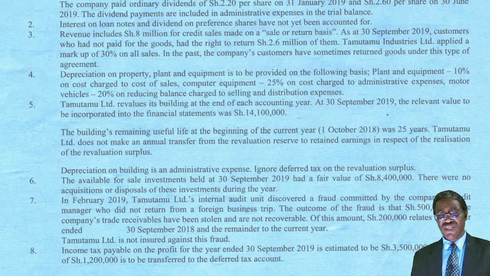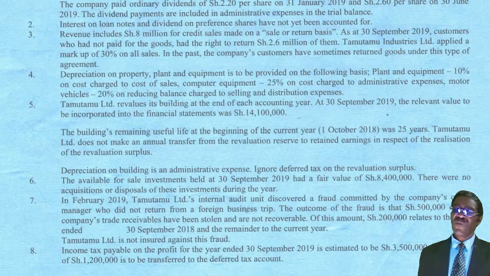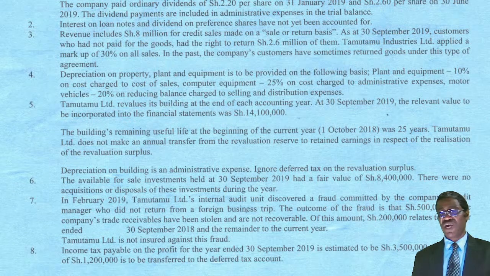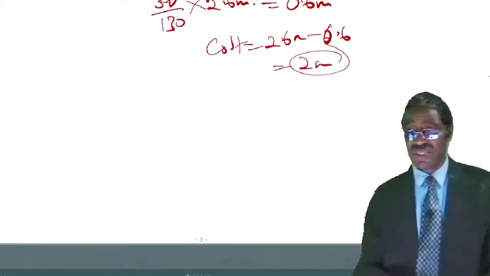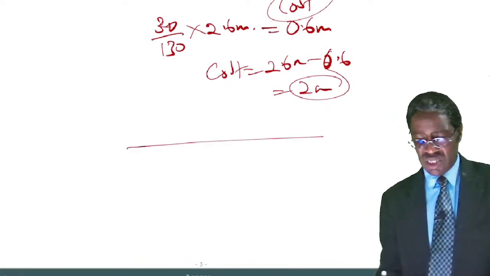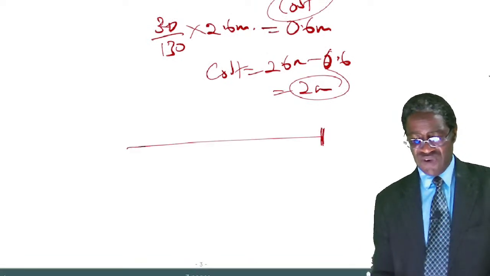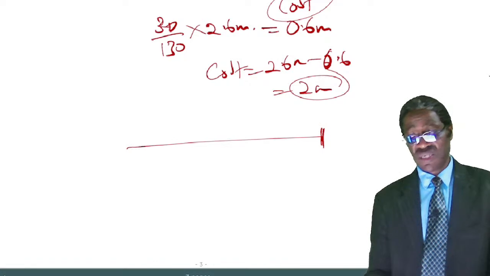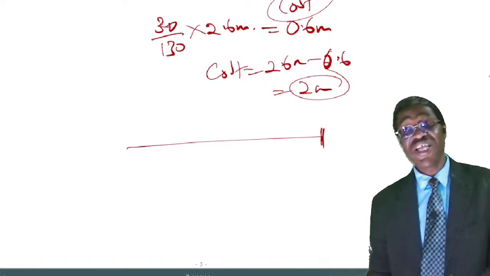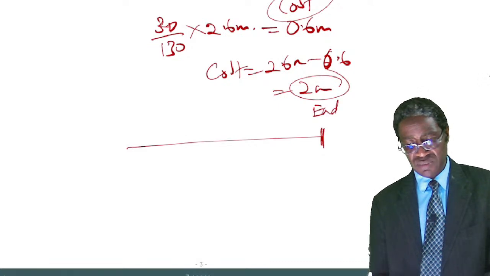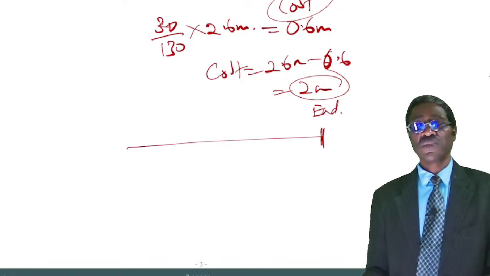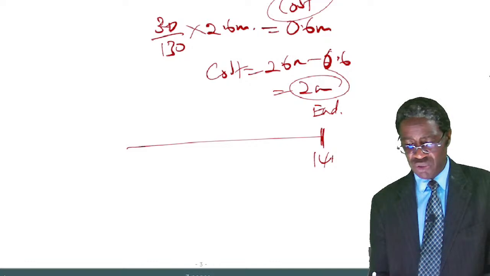So let me explain that note number 5 so that you understand it. Here is the issue. Listen. This company revalued their building at the end of the year to 14.1 million.